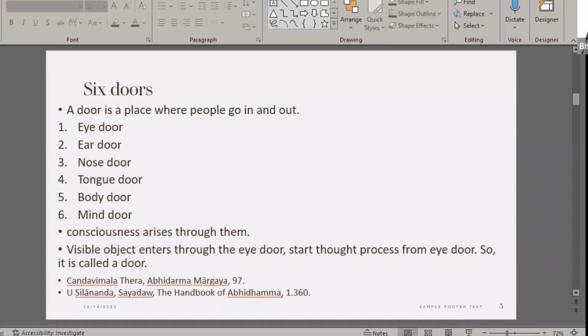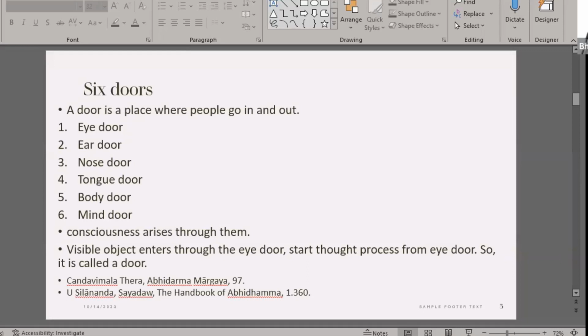Let's think about our eye door. If we close our eyes, can we see visible objects? We cannot. When we open our eyes, we can see visible objects. That means it opens the door for visible objects to impinge, to strike. It's like an opening door to the visible objects.